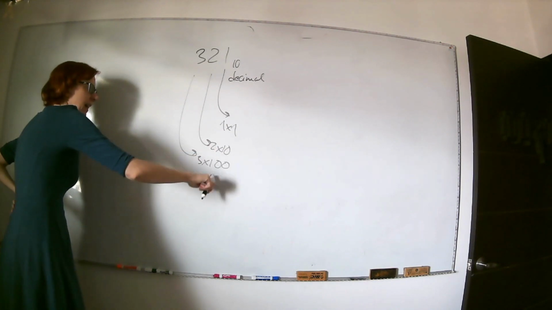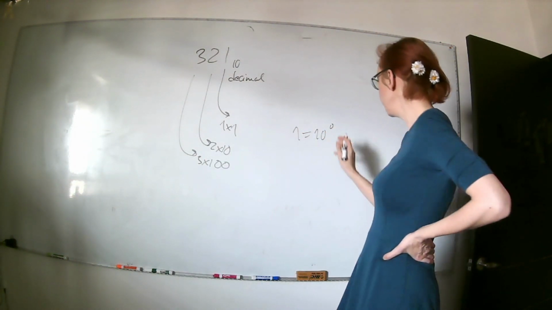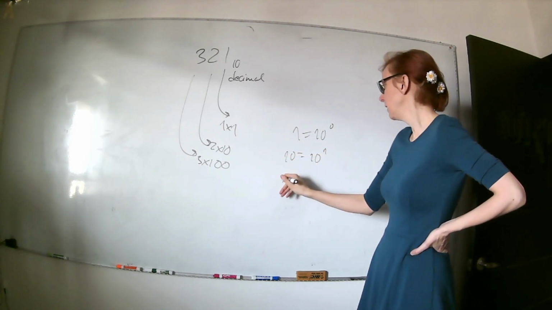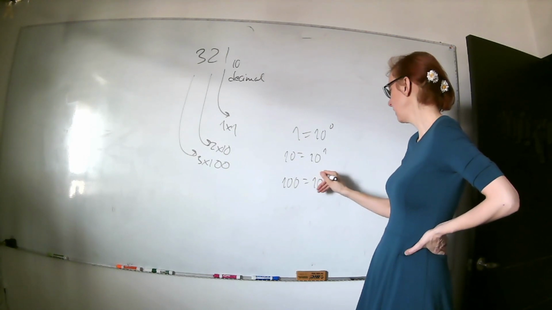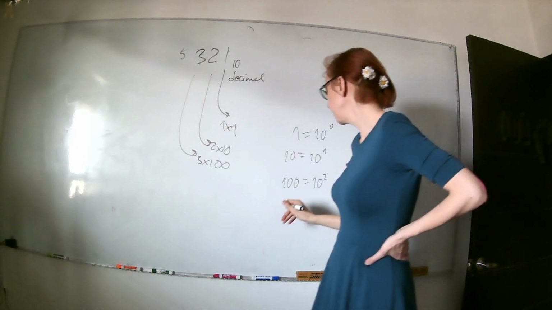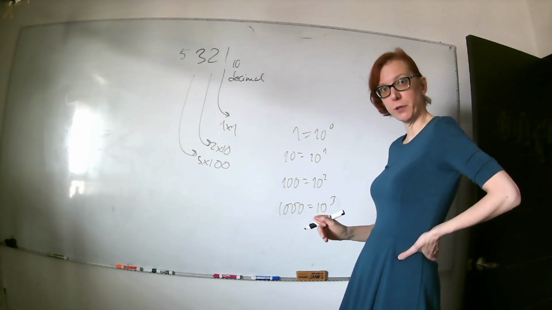Why 1, 10, and 100? 1 is 10 to the 0th power, 10 is 10 to the 1, and 100 is 10 squared. And if we had something like 5,000 here, the 1,000 would be 10 cubed.